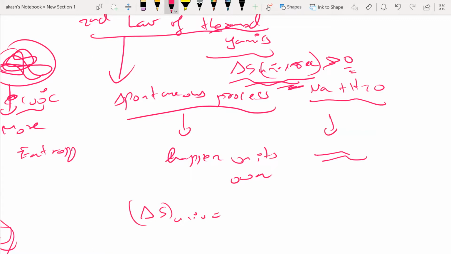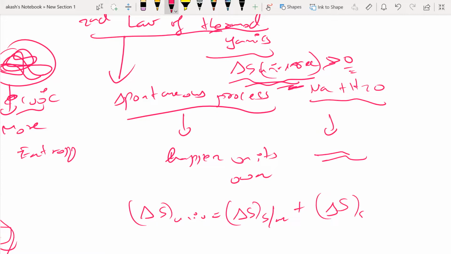Delta S universe would be equal to, you have to take the system as well as the surroundings, because system plus surroundings is your universe. So we have delta S of the system plus delta S of the surroundings.